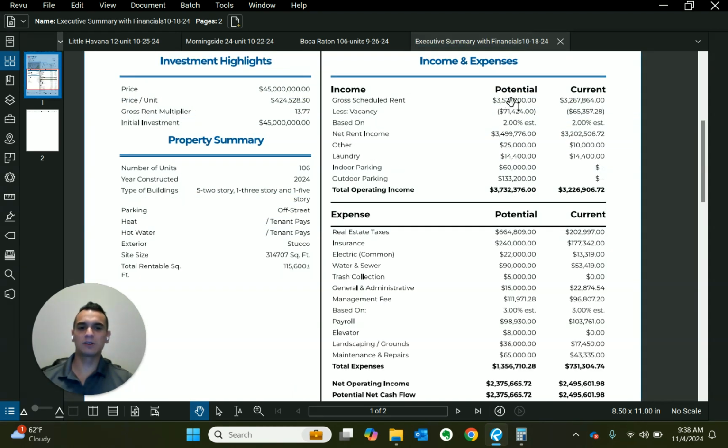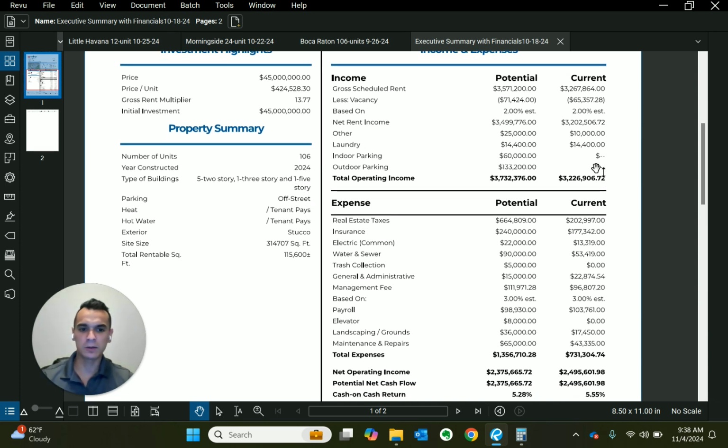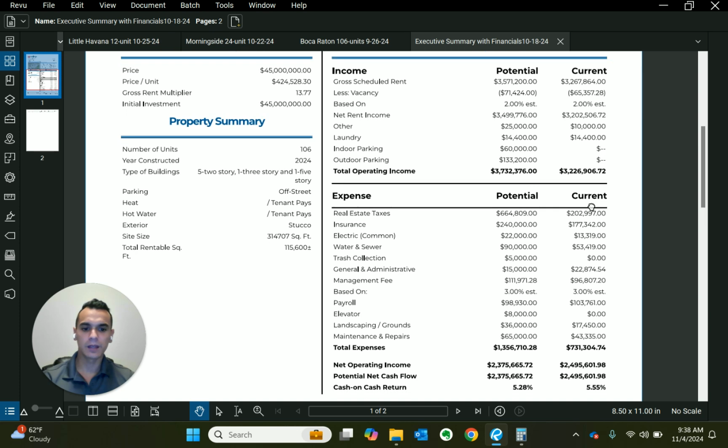Income and expenses. Again, we're comparing potential and current, not because I'm taking their potential as the gospel and running with it, but I want to see what they see as the maximum potential of this property. Kind of odd that they have current on the right hand side. Usually the current is on the left, but that doesn't change much.